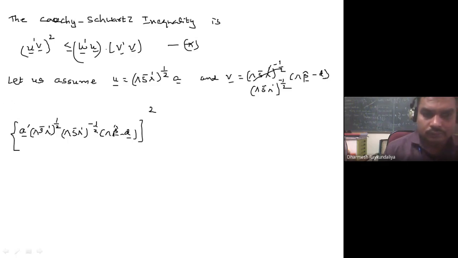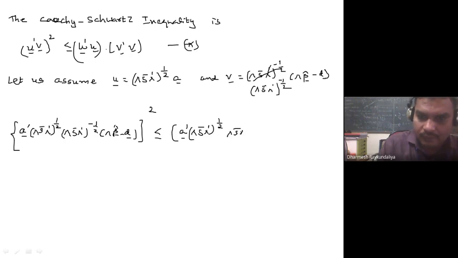Now less than or equal to, what is u dash u? So u dash is nothing but a dash lambda s bar lambda dash raised to half, and again u is lambda s bar lambda dash raised to half. Okay. What is v?